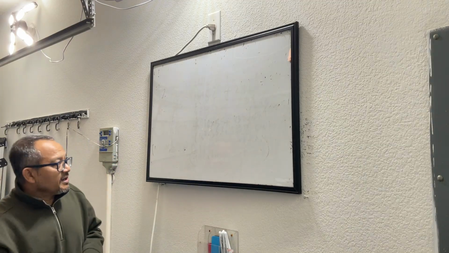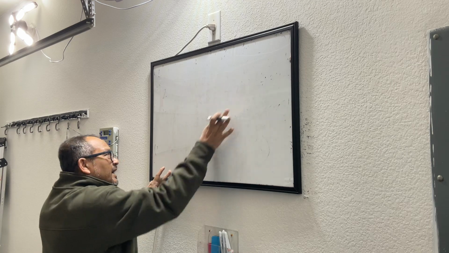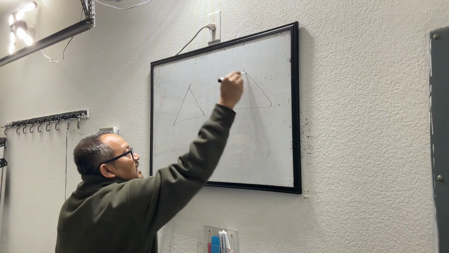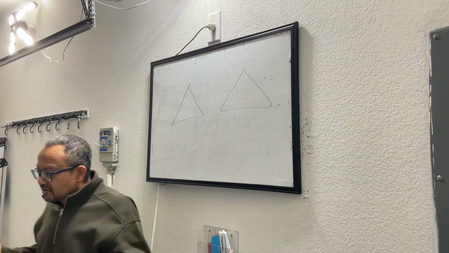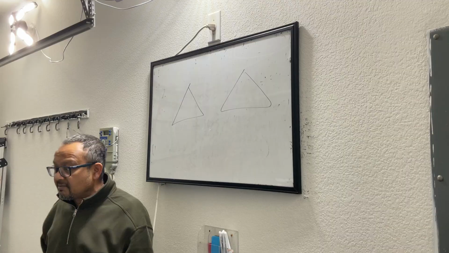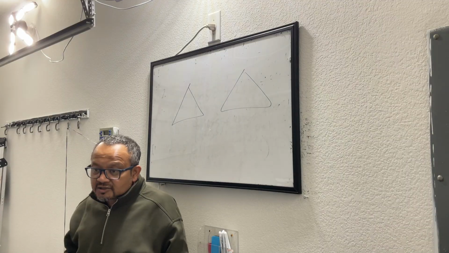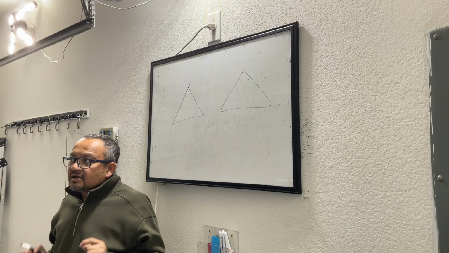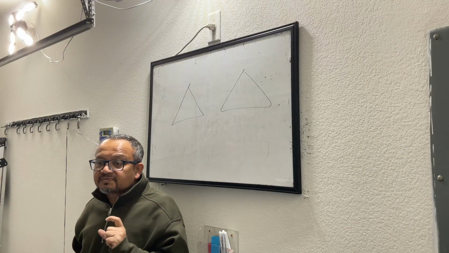Now, in geometry, there is nothing called exact copy. Geometry has its own way of looking at things. If you say these two triangles are same, there's an animal called geometry which will be confused. What do you mean by same? Geometry knows every shape by its property.